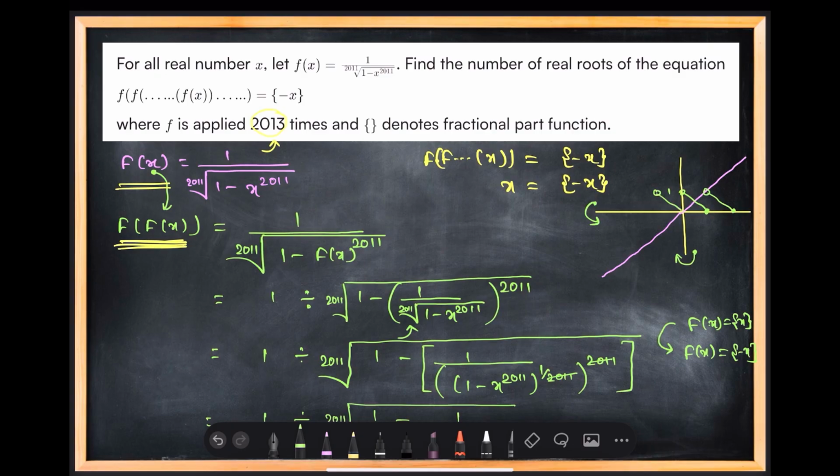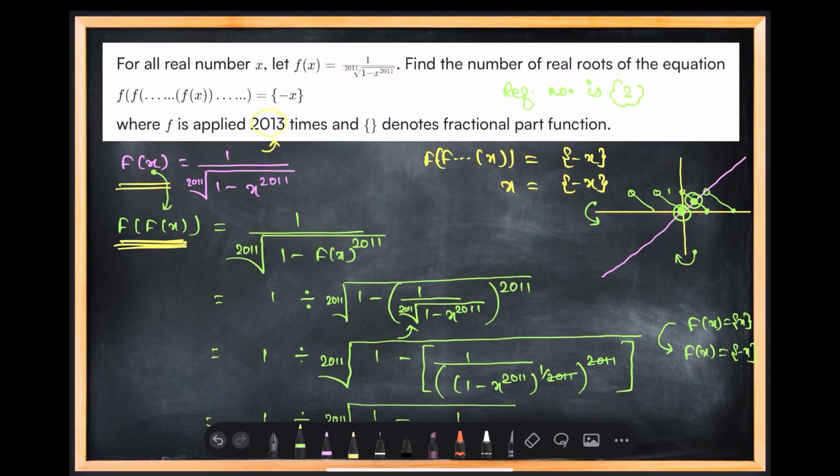Okay, so you have one intersection over here at 0, one intersection over here. Okay, so these are the two points at which both functions are equal. So find the number of real roots. So can I say that the required number is 2?